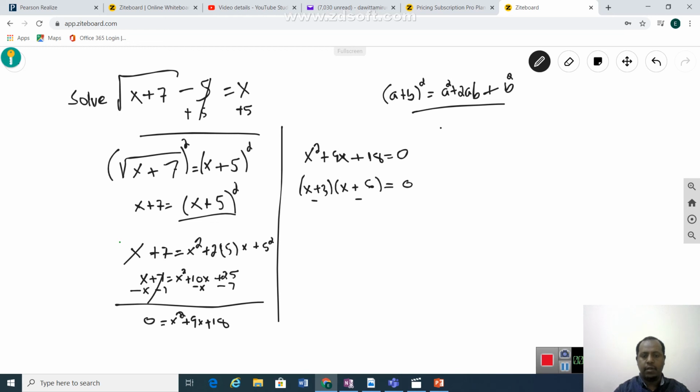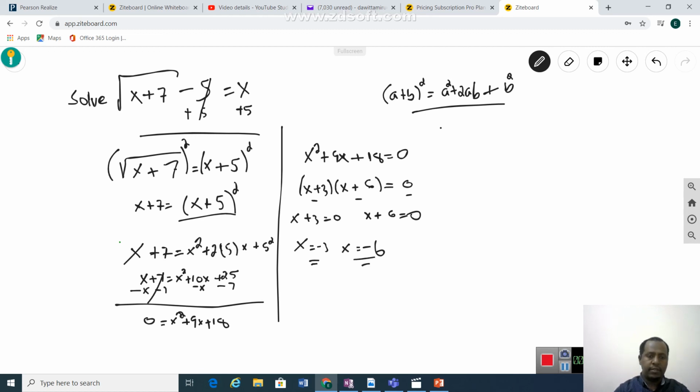This equal to 0 means either x plus 3 is 0 or x plus 6 is 0. Then x will be negative 3 or x will be negative 6. So I get two answers, x equal to negative 3 and x equal to negative 6.